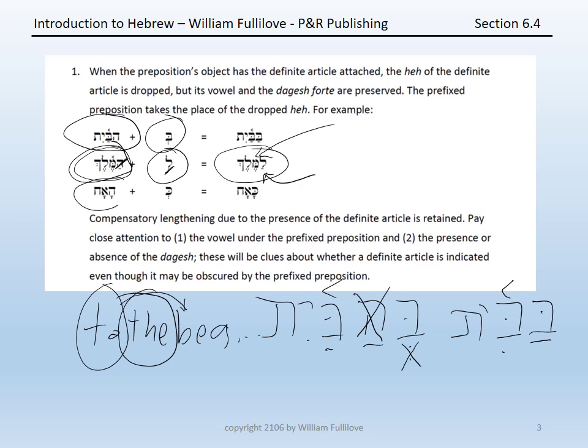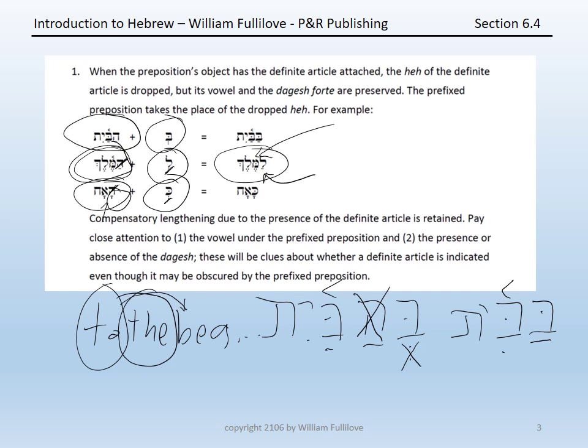If you have ha'ach, the brother, and you wish to say like the brother by adding ka, again, the hey of the definite article will disappear, the vocal schwa will disappear, and the kaf will take the vowel that had been under the definite article. Note in this case, the vowel is a kametz.